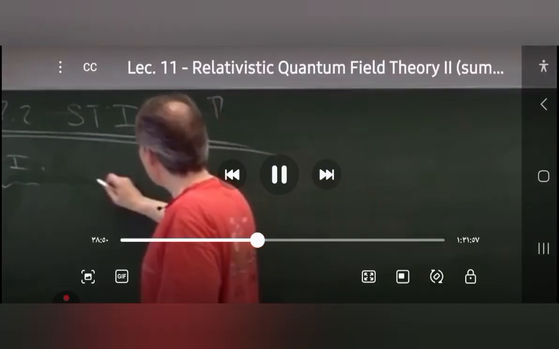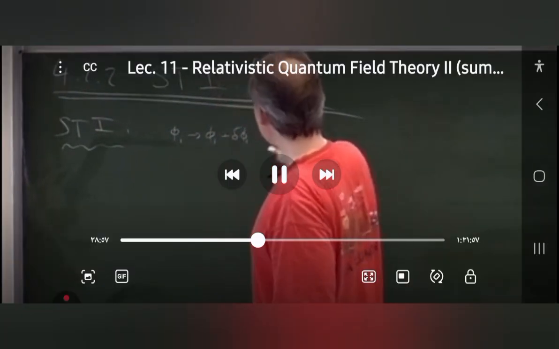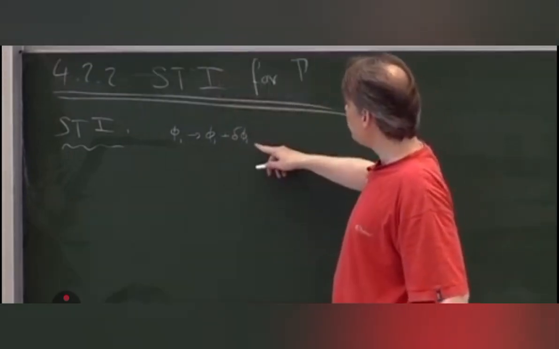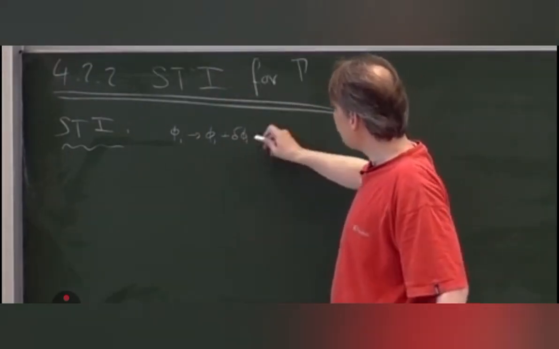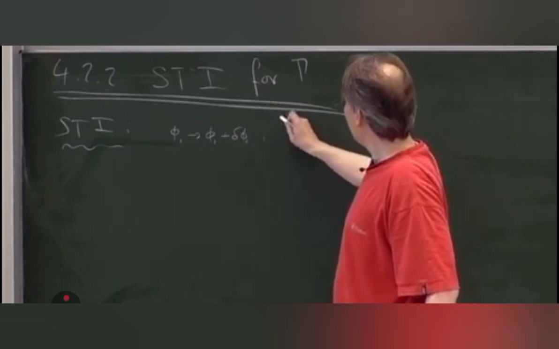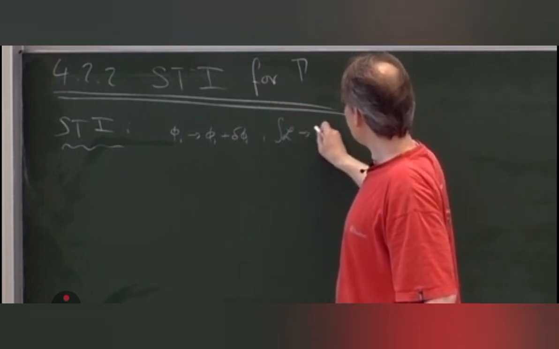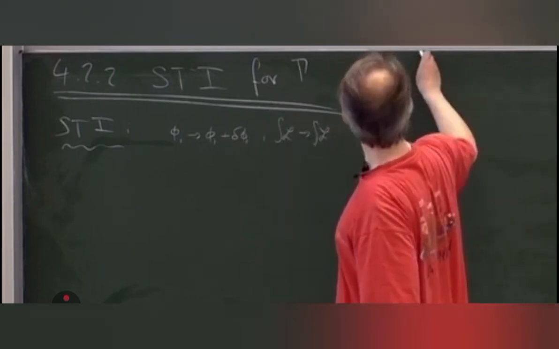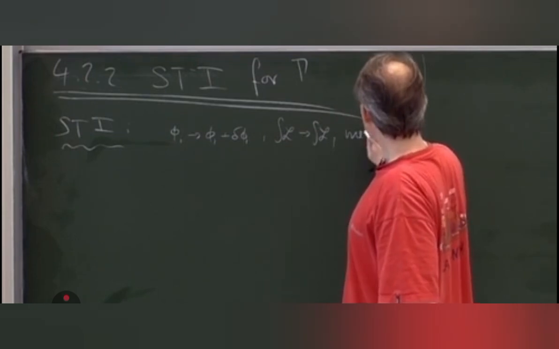So we use the same assumptions. I copy them just for clarity. We have a field variation, so continuous transformation with infinitesimal variations. The action stays invariant and the measure is also invariant.